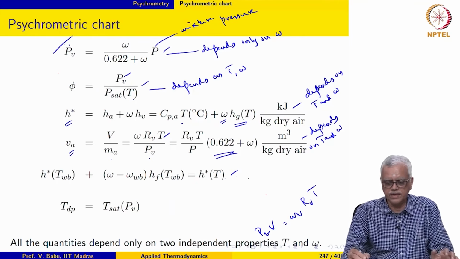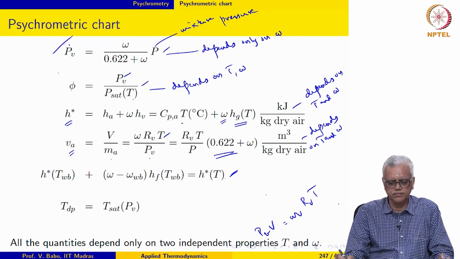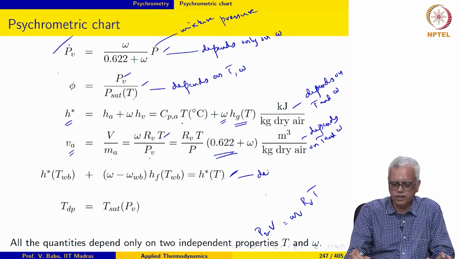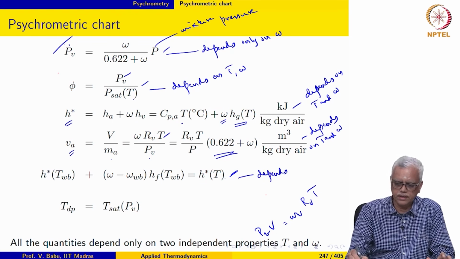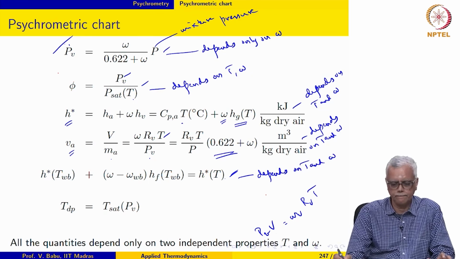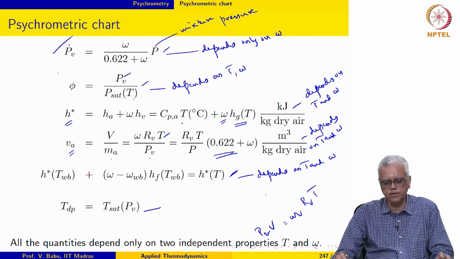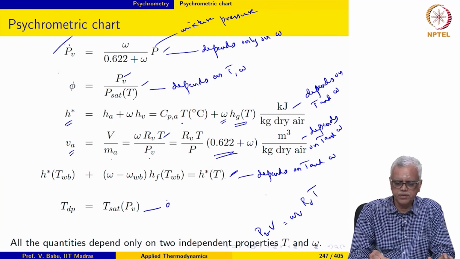So, if you do that, we end up with this relationship, and again prima facie this seems to depend on T and omega. And the dew point is nothing but T sat of PV, and PV depends on omega. So, this depends on omega only.